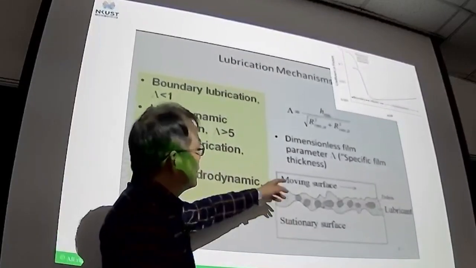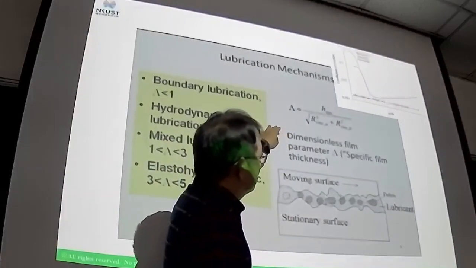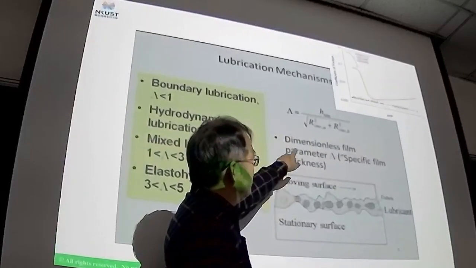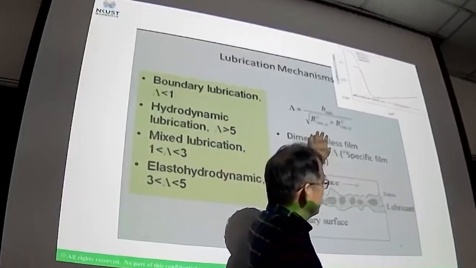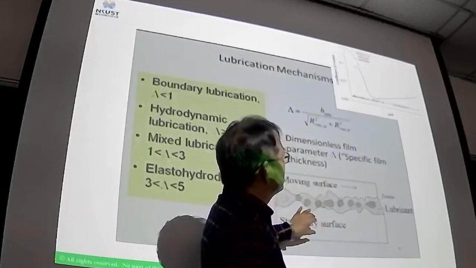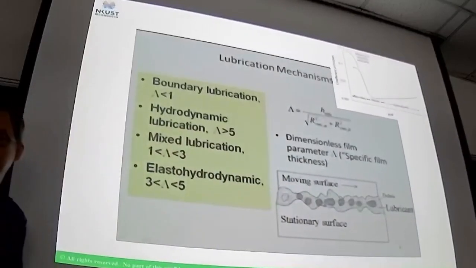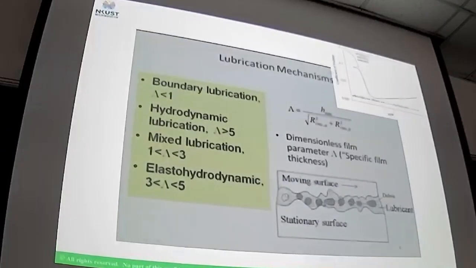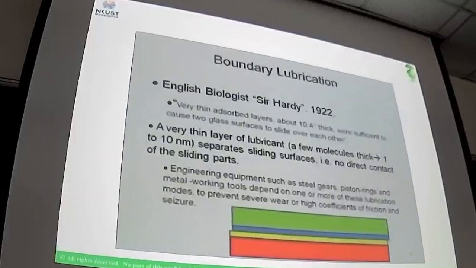This lambda ratio gives you information about the film thickness and also the surface roughness of surface 1 and surface 2.